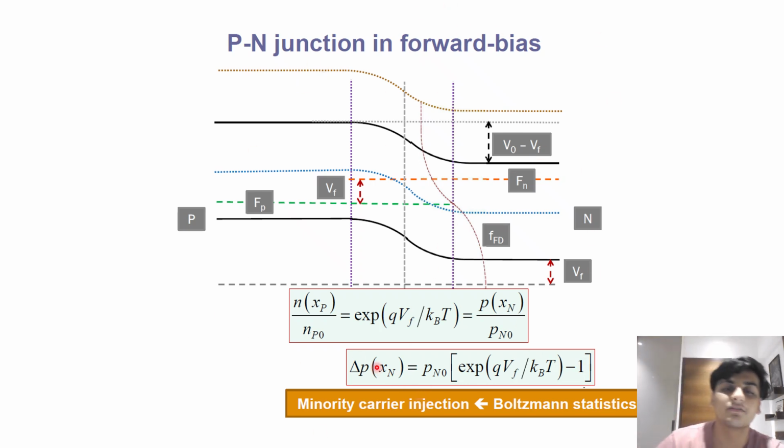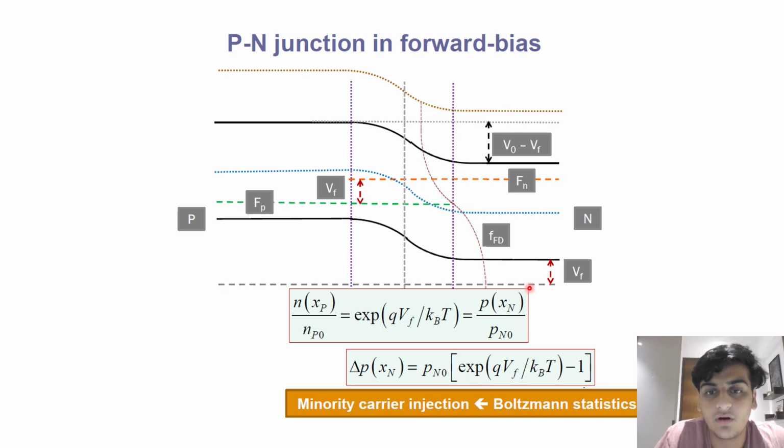So far, I hope you're with me. If you're not, just take a bit and think about it. I know this explanation has gotten a bit long, but you're essentially having carriers being injected. You have these holes at the n type edge which are over and above equilibrium, which is basically, due to diffusion, holes being injected into this n type material, and due to their diffusion in this n type material, you're going to have a current, and that is the current that we are trying to calculate.